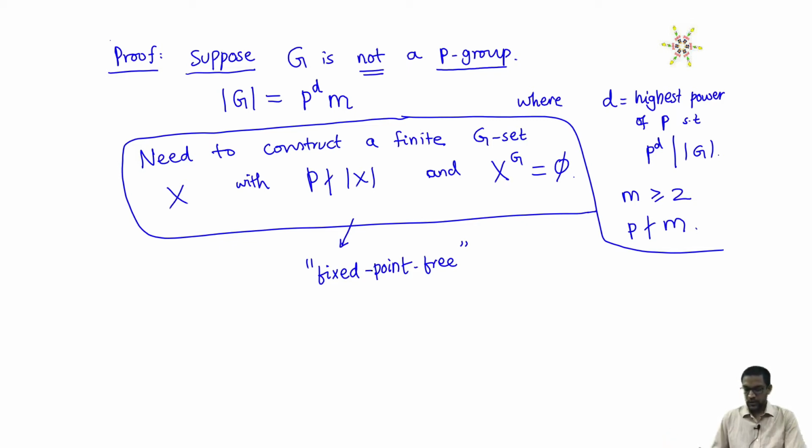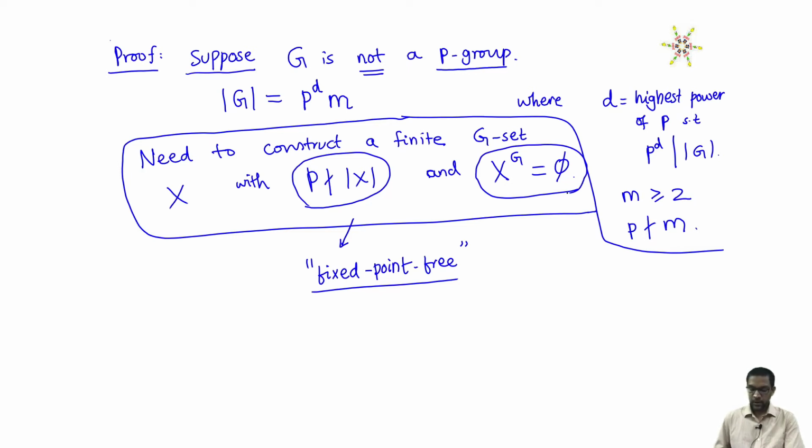Let's analyze such actions for a little while. Notice the key point here is we also need this condition. There are two conditions we need to satisfy. Number one, the cardinality should not be divisible by P, and secondly, there should be no fixed points.